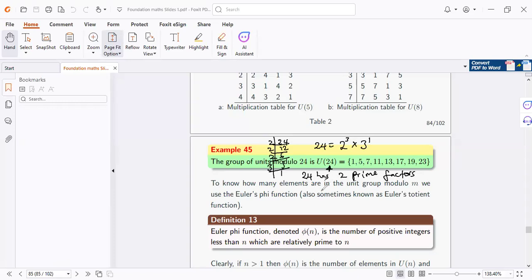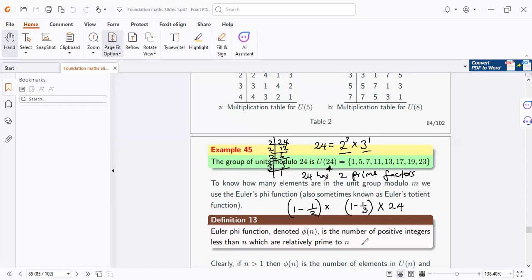So for me to get how many numbers are relatively prime to 24, after knowing that it has these 2 prime factors, I would take 1 over the first prime factor, subtract from 1. Then multiply by 1 over the second prime factor, subtracted from 1. The result is multiplied by 24.